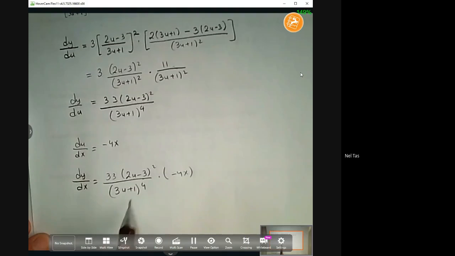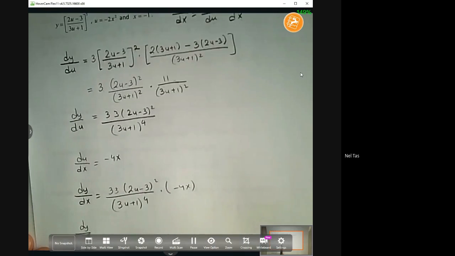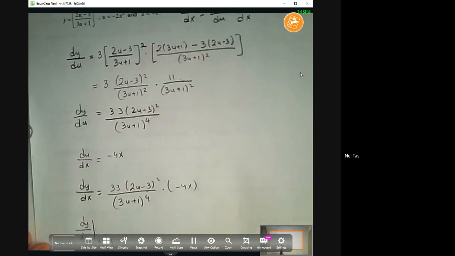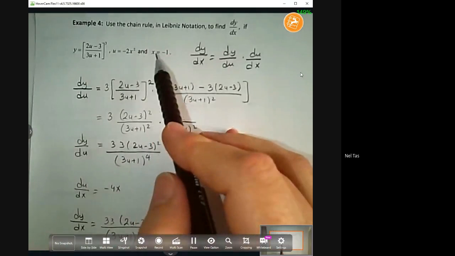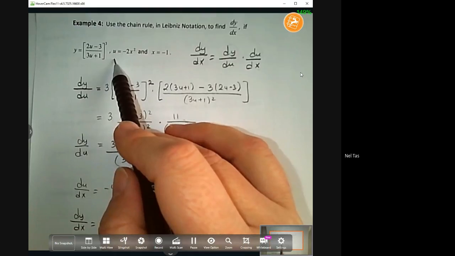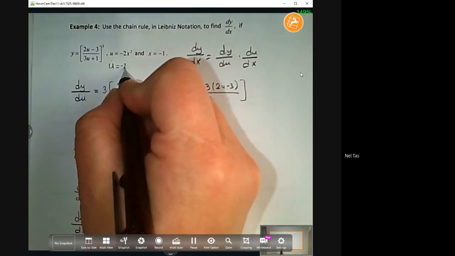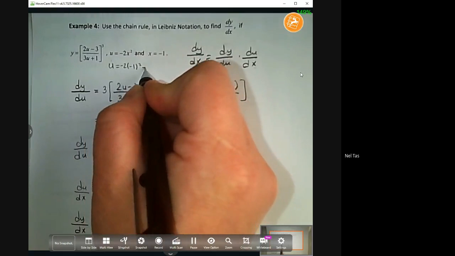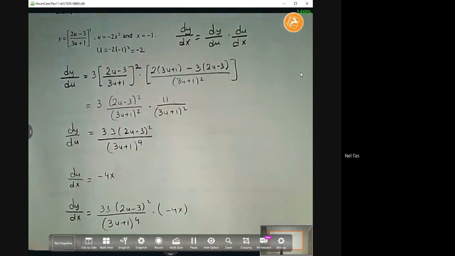now we're going to calculate this for x equals negative 1. Okay, so I can substitute negative 1 for x, but what I'm going to do with u? If x is negative 1, you calculate u for x equals negative 1. So negative 2 times negative 1 squared, which is negative 2. So when x is negative 1, u is negative 2.